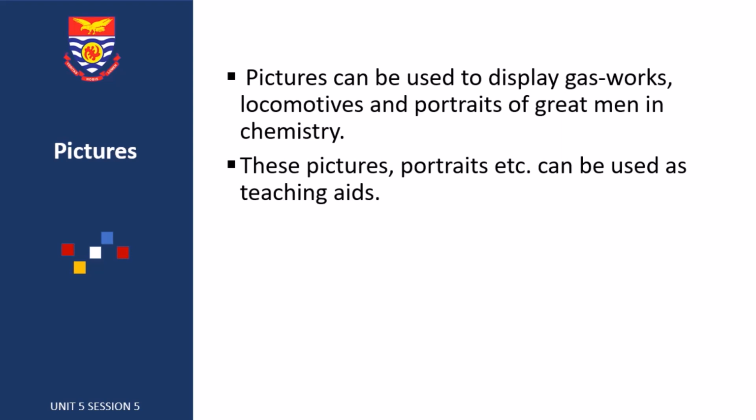In fact, it wouldn't be bad showing pictures of Dalton. If you are teaching something about the mass spectrometer, in this case pictures of the mass spec are very necessary. And so we can use these pictures as teaching aids.